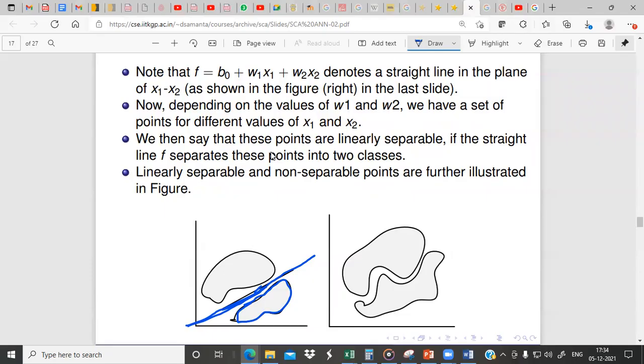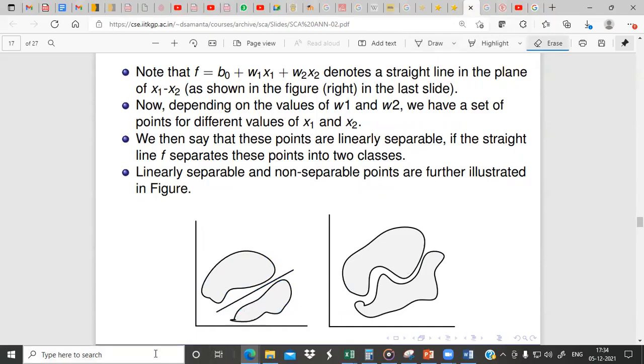And the solutions which come to the left side of the line fall under a different class, right? So this is typically an example of problems which are linearly separable, whereas this represents the problem which is not linearly separable. Now this problem, you cannot separate linearly. There is no straight line which can separate it, because some part of the problem is like this, so you cannot use a straight line to separate this.